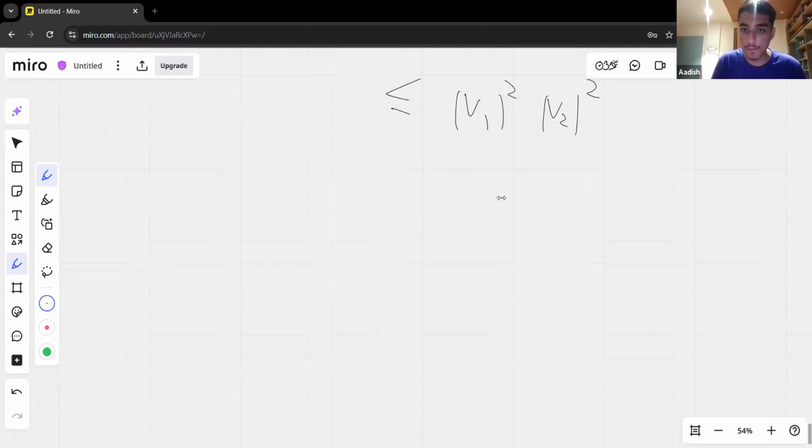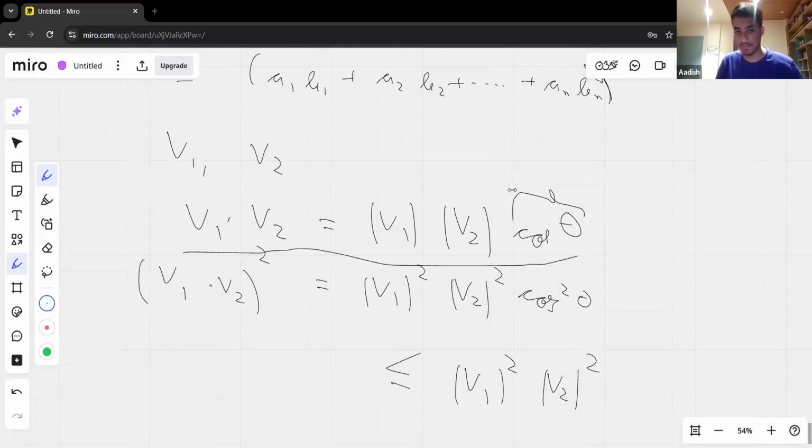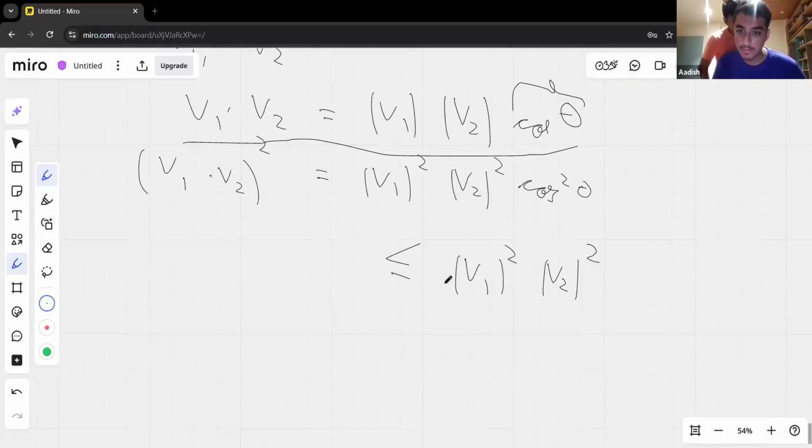Okay, people who know what vectors are, does it make sense still? Is the inequality sign correct in the last line? Yes, okay. Wait, no, the thing is cosine is less than or equal to 1, right?